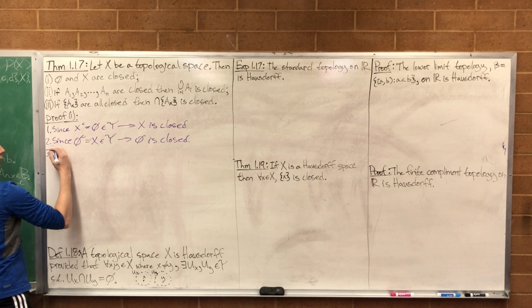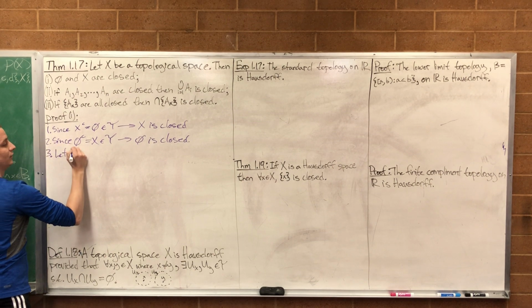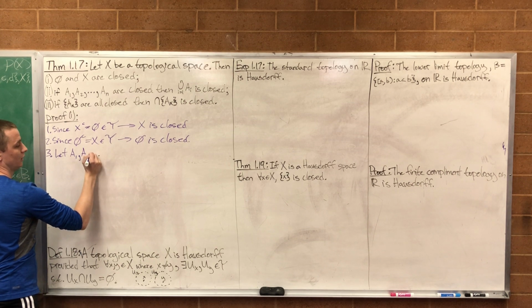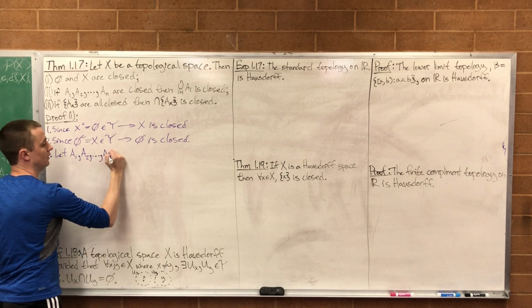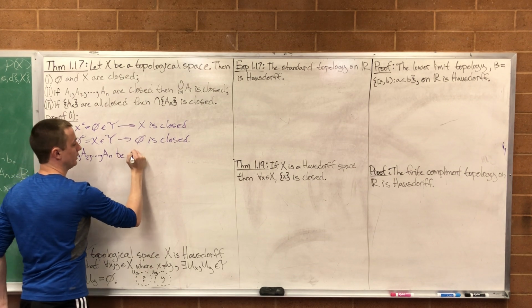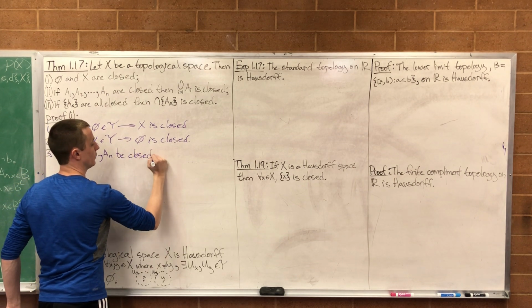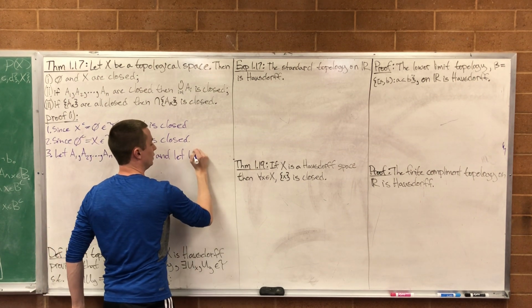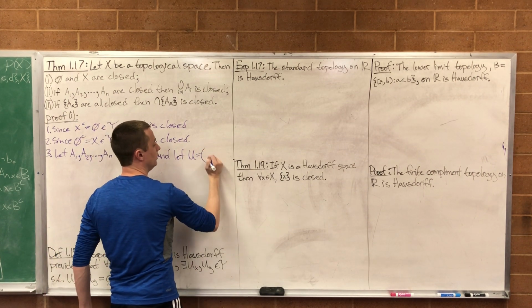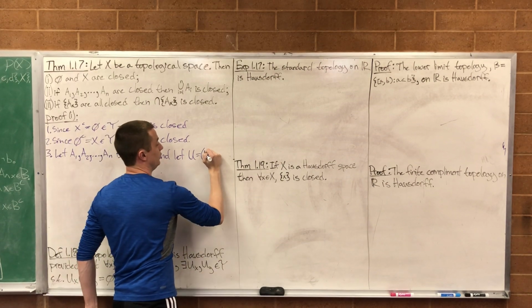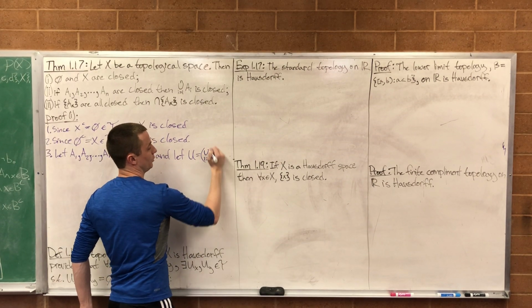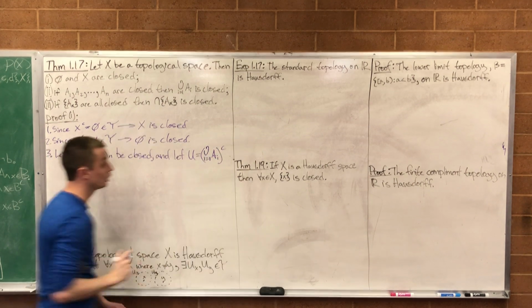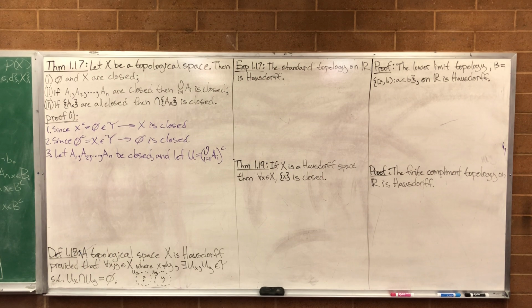So let A1, A2, dot dot dot, An be closed, and let U equal the complement of the union from i equals 1 to n of A sub i, the complement of the union of all of them.